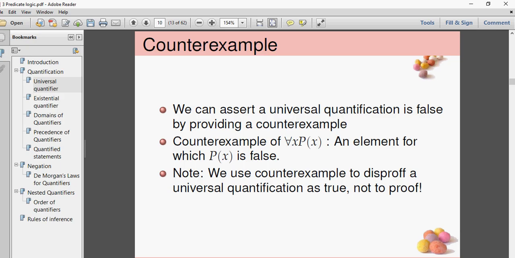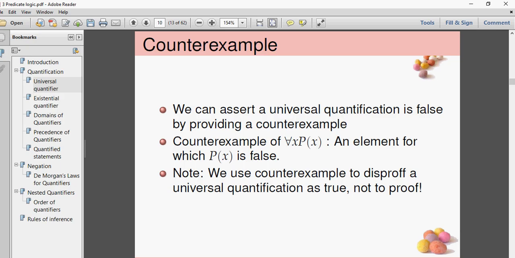We can assert that a universal quantification is false by providing a counterexample. So we can prove it by using a counterexample. A counterexample to for each x, P(x) is an element for which P(x) is false.